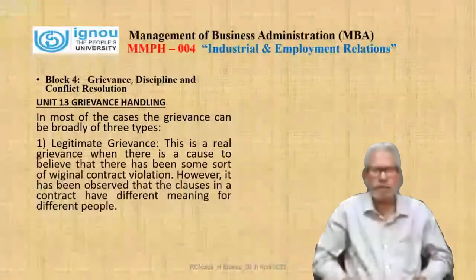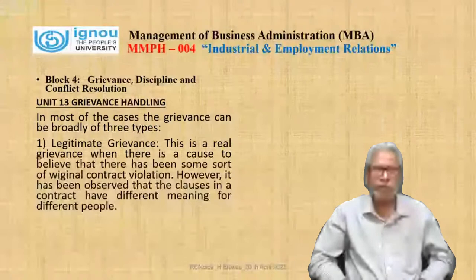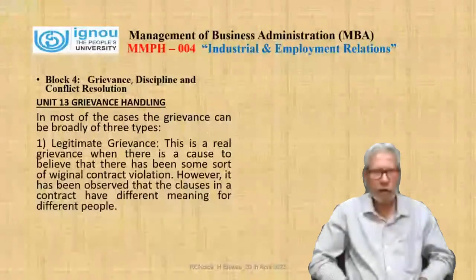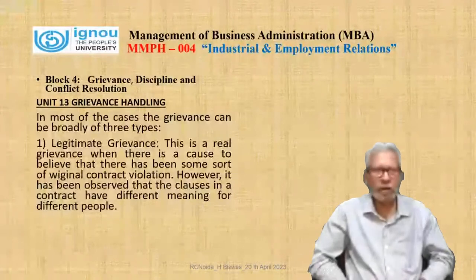Legitimate grievances. This is a real grievance, when there is a cause to believe that there has been some sort of contract violation. However, it has been observed that the clauses in a contract have different meanings for different people. Imaginary grievances.